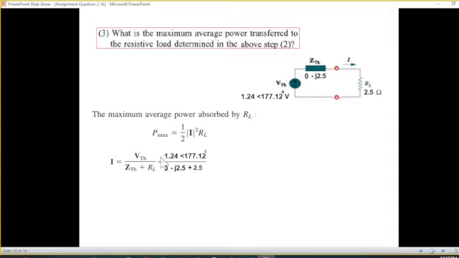Plugging in the values, 1.24, and then this is Z, this is R. Again, by using your calculator in complex mode, you can find the answer for current I. And then power will be half I square RL. So the answer will be 0.153 watt.